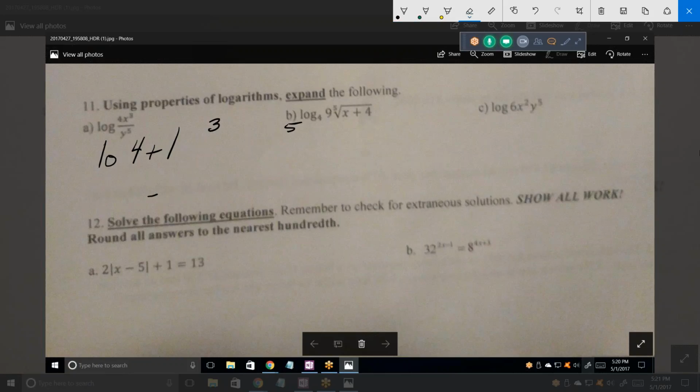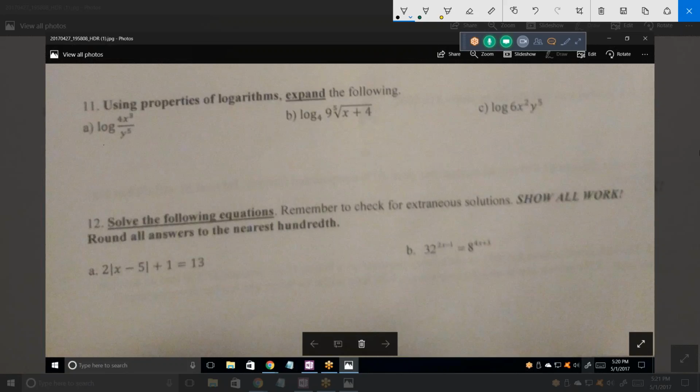Next one. How am I going to do it? In other words, just like calculus, logarithms don't really like radical signs. They're not terribly helpful.